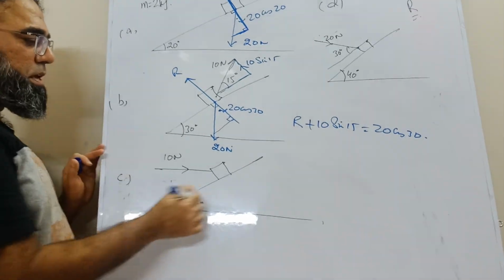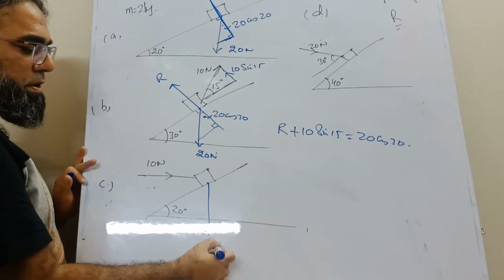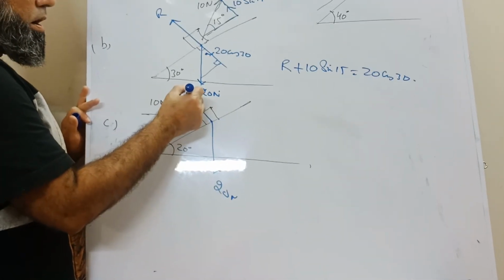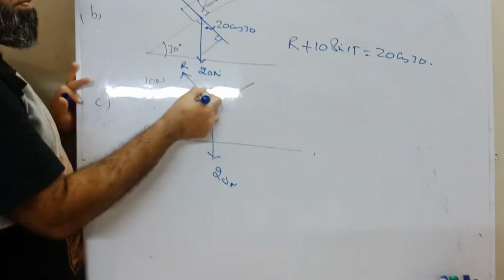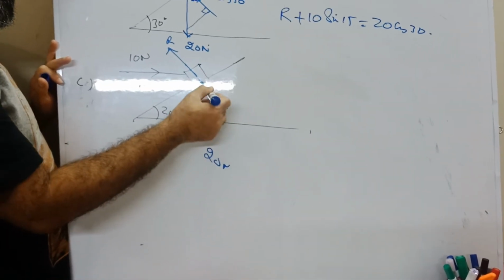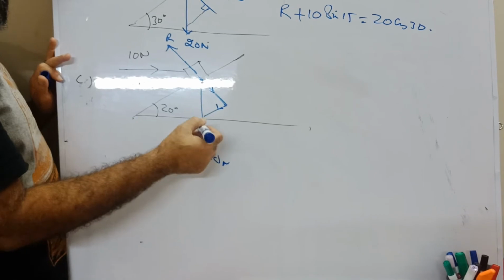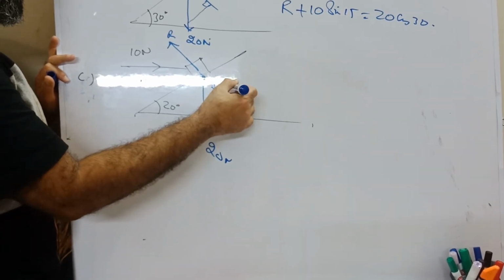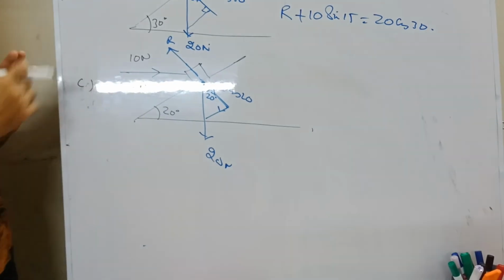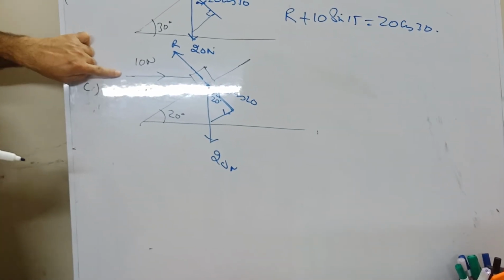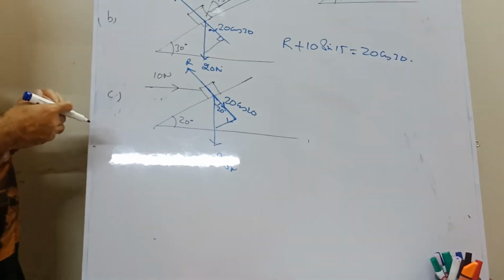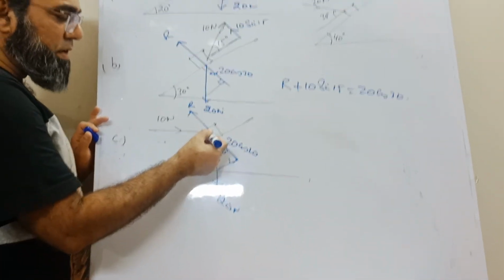Now the C part, again the weight is 20 newtons over here, and here is the R. Now this time you should be used to it. This is like this, and this force is 20 cos 20 because this angle is 20 degrees. Now this force is not at all parallel to this inclined plane, so we need to resolve this. I'll be resolving like this.